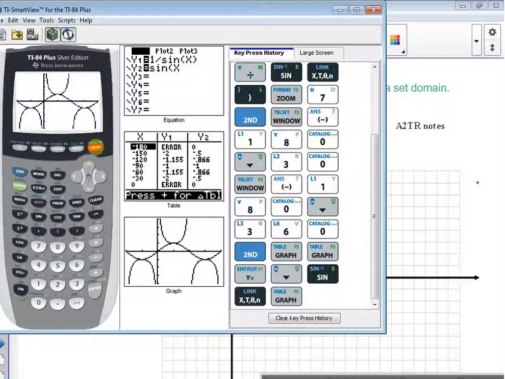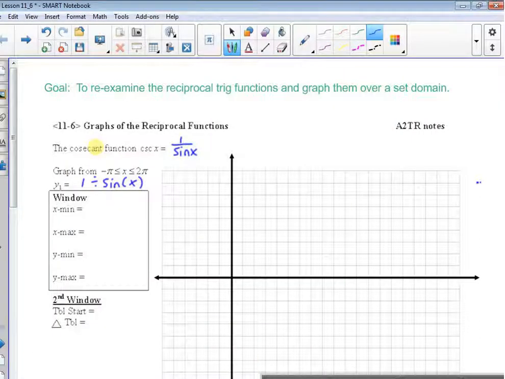So going back to my graph, I'm going to set my x min at negative 180, x max at 360, the y min at negative 4 and the y max at 4. My table I had start at negative 180 and increment by 30s. So I'm going to put in my asymptotes first.